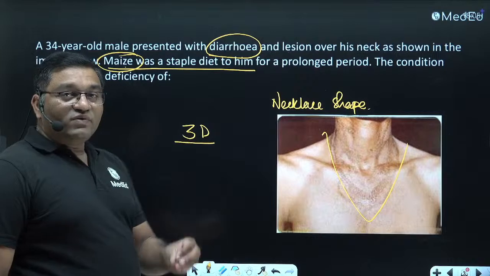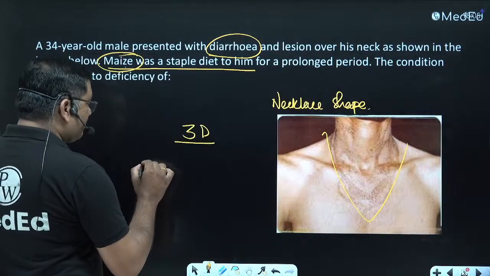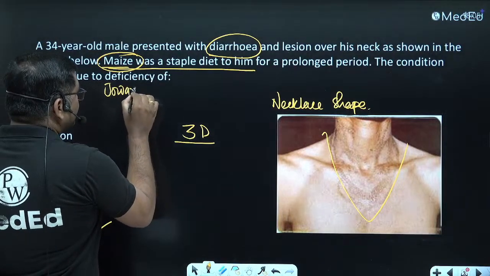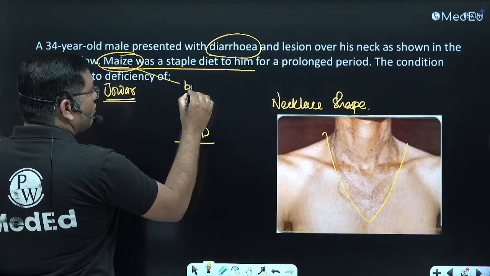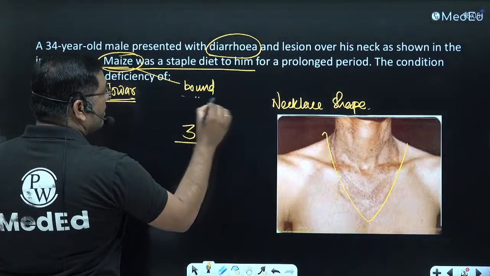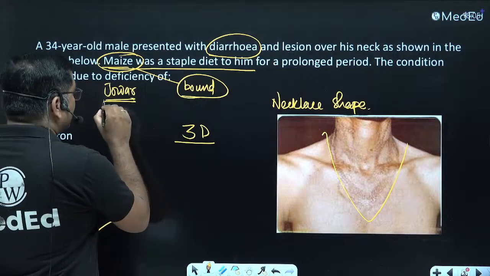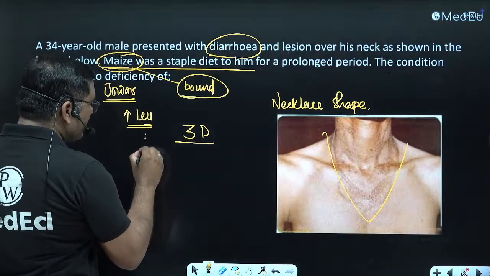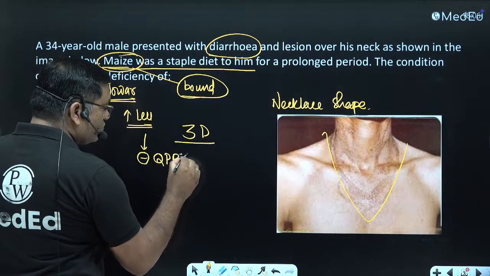So see, when we eat maize or jowar as a staple diet. In the maize, the niacin is present in bound form, so it is unavailable for absorption. And in jowar, there is high leucine content, which inhibits the enzyme QPRTase, quinolinate phosphoribosyl transferase.